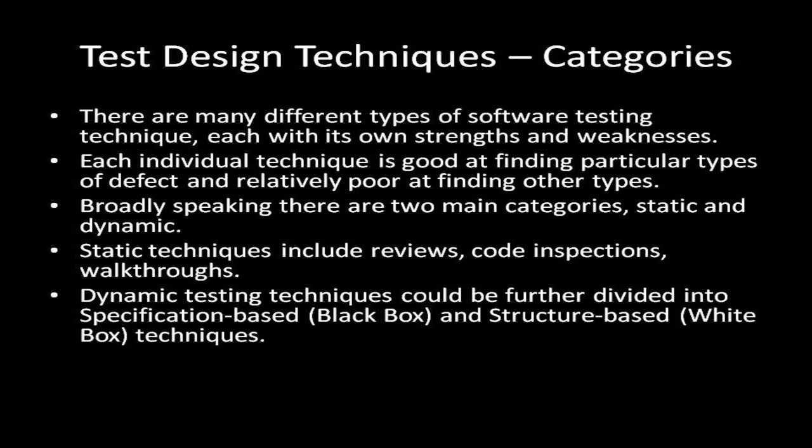Dynamic techniques are subdivided into three more categories: specification-based, black box, also known as behavioral techniques; structure-based, white box, or structural techniques; and experience-based. Specification-based techniques include both functional and non-functional techniques, i.e., quality characteristics.